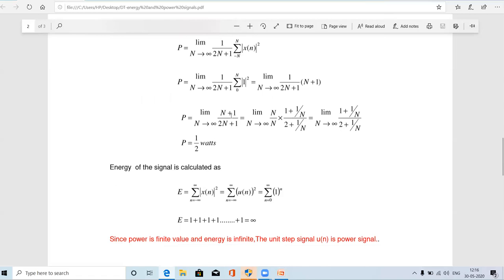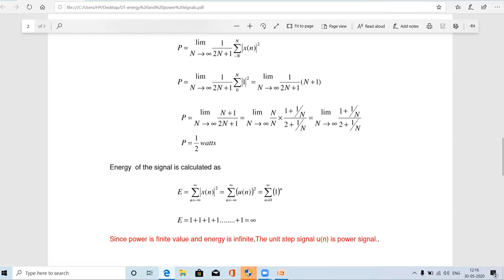We take n as common from both numerator and denominator. From the numerator we get 1 plus 1 by n, similarly in the denominator 2 plus 1 by n. Here this n is cancelled. Now in the remaining expression, you have to substitute n equal to infinity. If you substitute n equal to infinity, 1 divided by infinity, what is the answer? 0. Similarly, 1 divided by infinity, what is the answer?